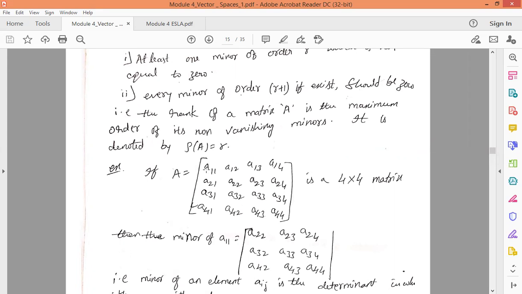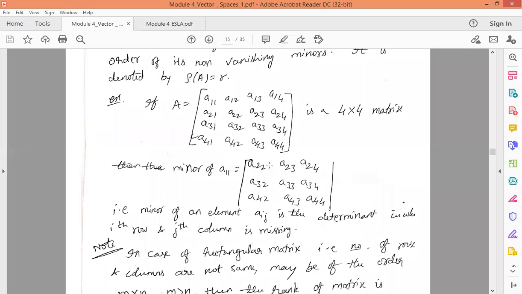Suppose you are asked to calculate the minor of A11, then you eliminate the first row and the first column. Eliminating this first row and first column, you write the remaining elements in a matrix, and for this you calculate the minor of an element.